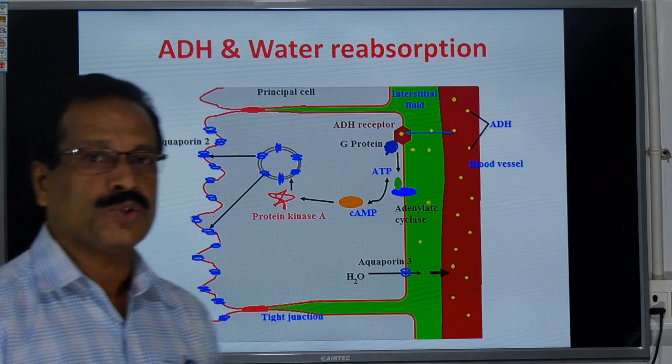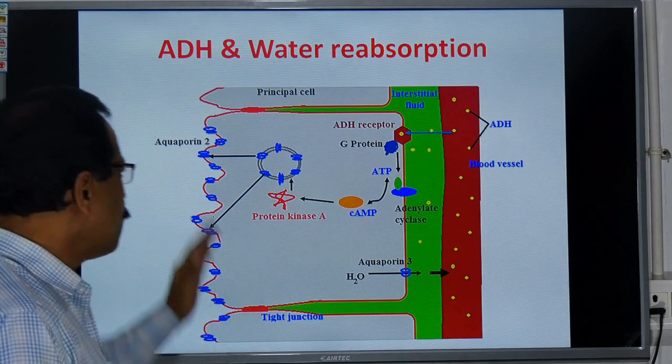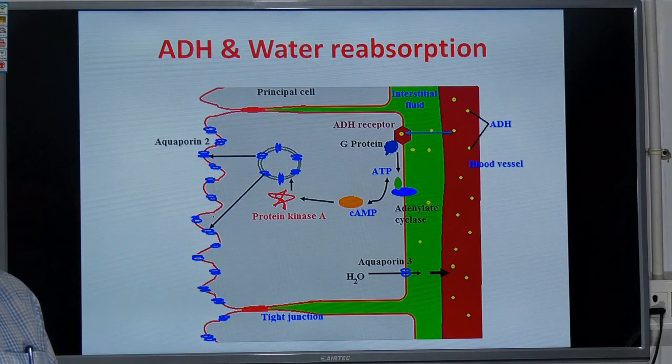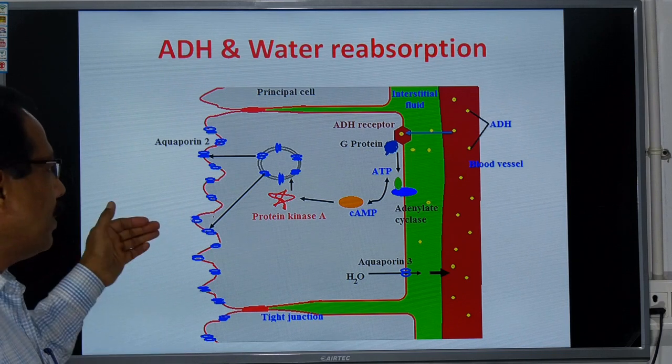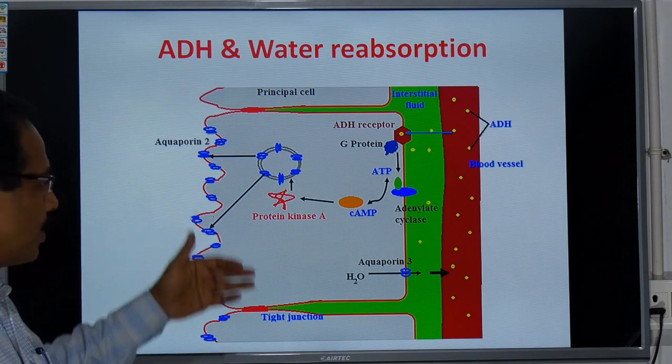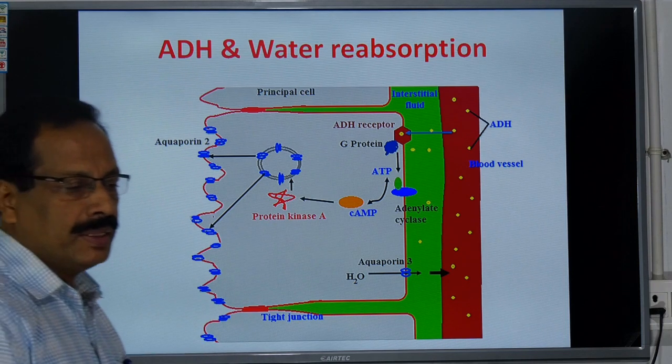The early distal convoluted tubule is highly impermeable to water. So the tubular fluid is highly hypotonic now. Lot of water in that fluid. As a result, by osmotic movement, the water moves into the cell through the aquaporin channels.